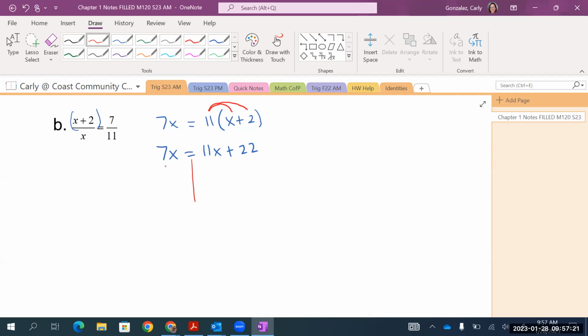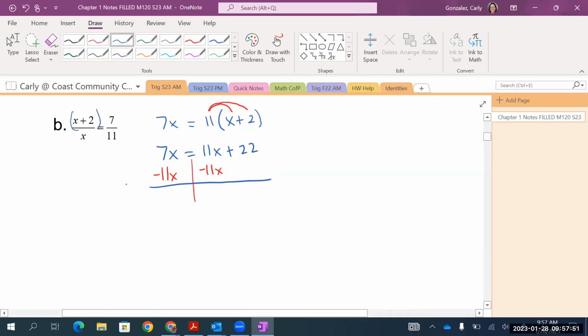In this case, it's advantageous to subtract the 11x from both sides, since this right-hand side has another number, a constant, whereas the left-hand side doesn't. So it will just mean fewer steps. However, we could instead subtract 7x from both sides. We just have to be careful with the placement of that equal sign.